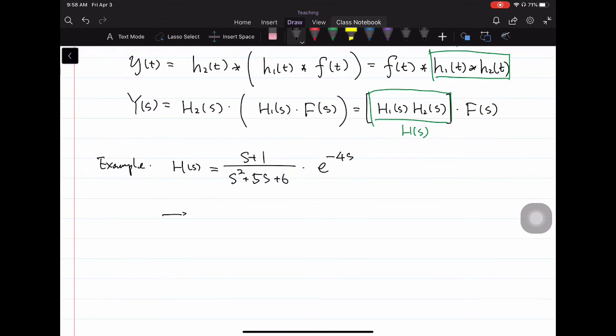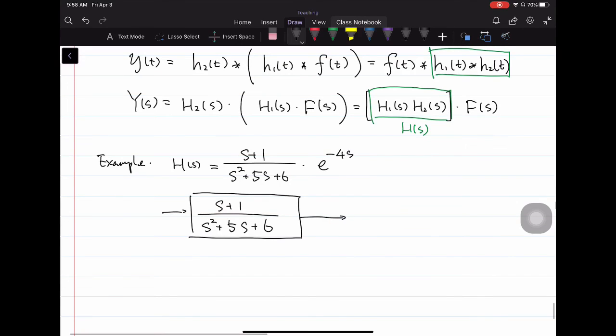And it can be viewed as the first subsystem being this conventional transfer function, serially connected with the second part, which represents the time delay as we have discussed.